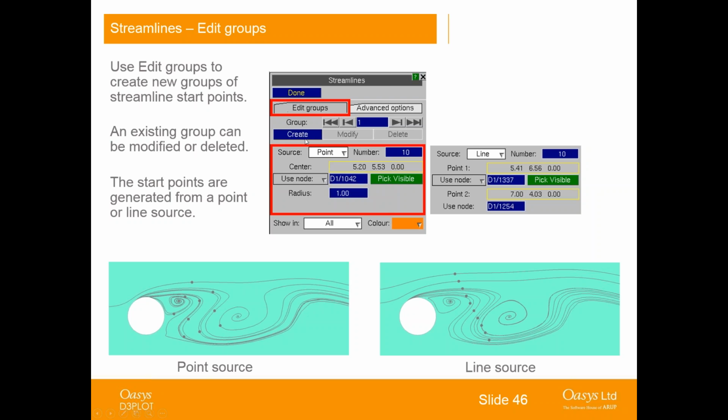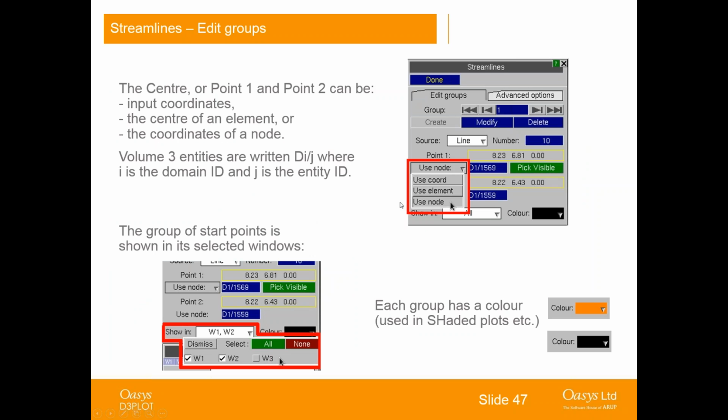We can edit the group, or we can start it from a point or line source. To finish off that point, the center or point 1 and 2 can be input coordinates, the center of an element, or the coordinates of a node.